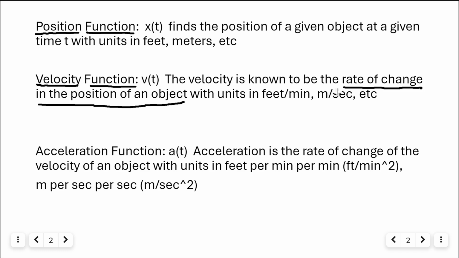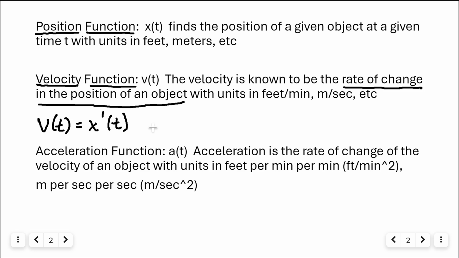And I want to find the slope of the position function. Well, I know how to find slope. Slope is the derivative, right? Slope means derivative in this class. So to find the velocity, v of t, you find the derivative of the position function. So the derivative of the position function represents the velocity.